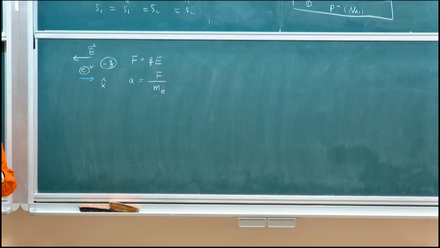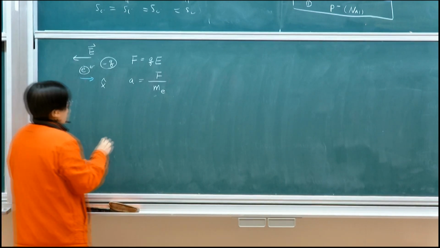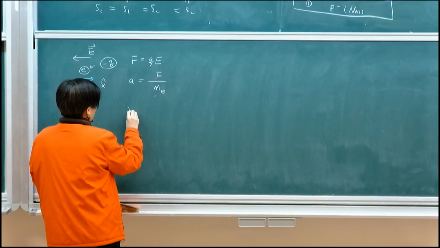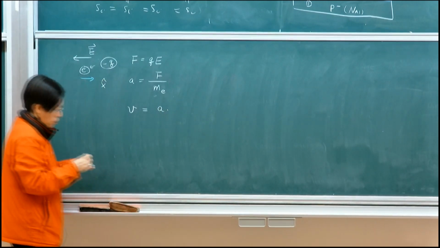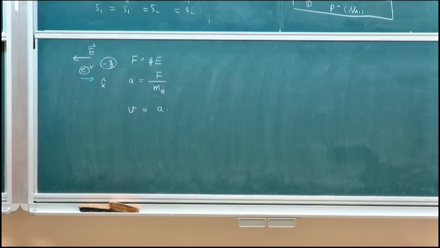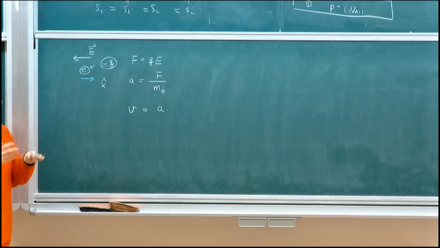So what determines the speed then? Your speed will be determined by a times what? If my electron is moving in free space, what will determine the speed? Nothing. It will keep accelerating and then it will blow up, right? But in real cases, in a crystal, my electrons are not moving in free space.